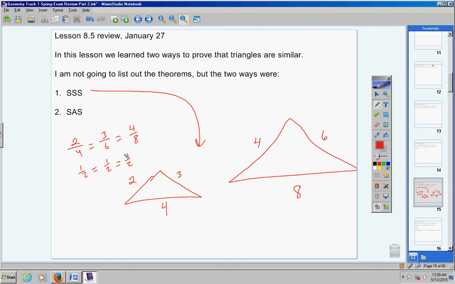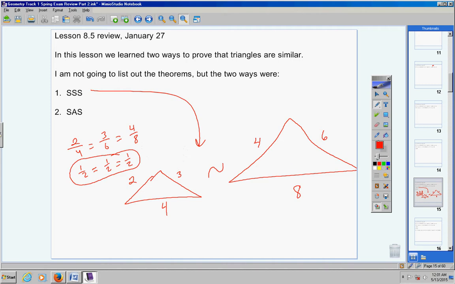So after you simplify each fraction, if all three fractions are the same, then you know the two triangles are similar. So that's what this theorem is saying. If three sides of one triangle are proportional to three sides of another triangle, then the two triangles are similar.